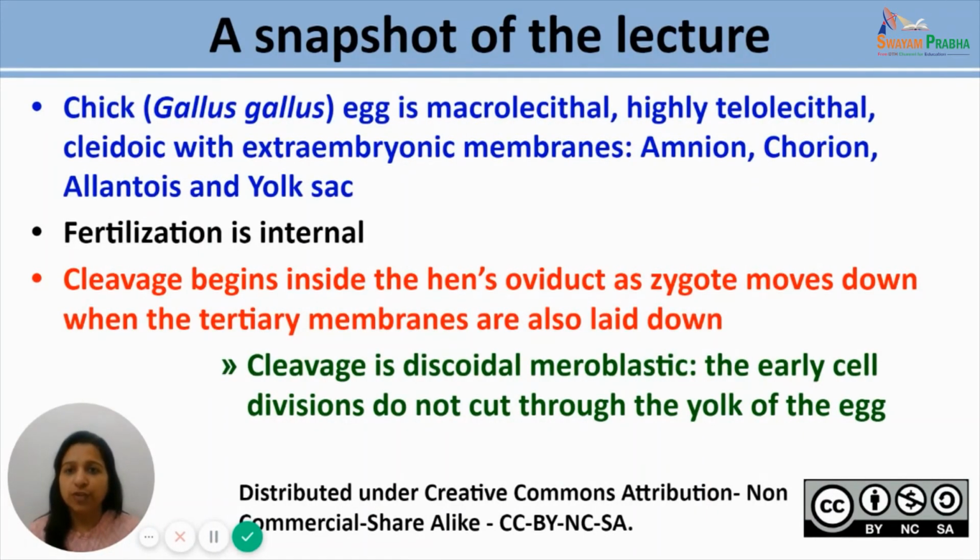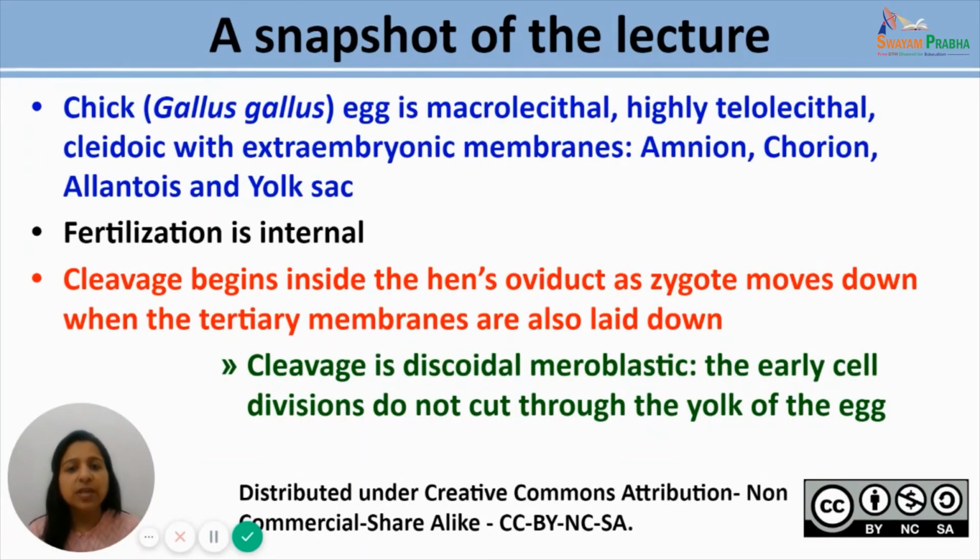Fertilization in the case of the chick egg is internal. It happens in the hen's oviduct. Cleavage begins inside the hen's oviduct some 4 to 5 hours after fertilization as the zygote moves down the oviduct, and it is during this travel down the oviduct that the tertiary membranes are also laid down around the ovum.